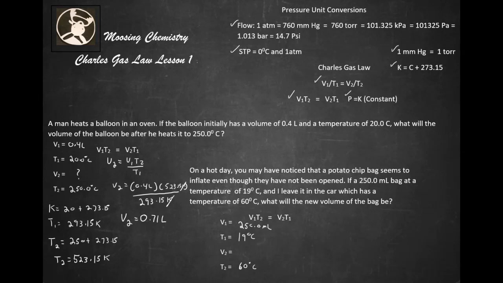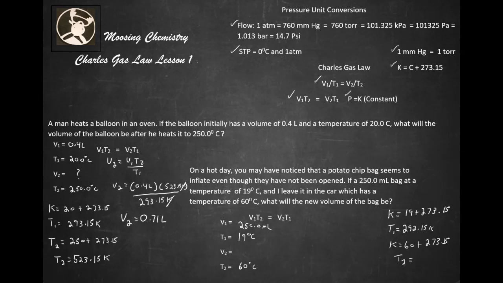Well, we're going to change our temperatures, so let's use the space over here to do that. K is equal to 19 plus 273.15. So our T1 temperature is 19 plus 273.15, which equals 292.15 K. Our second K value will be 60 plus 273.15, so our T2 temperature is going to be different.